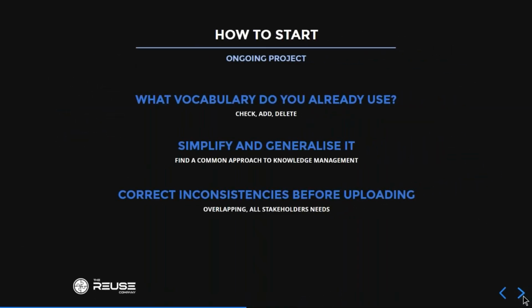Another thing you should consider when you're trying to migrate your ongoing project to knowledge management interfaces is to try to correct inconsistencies before uploading the knowledge, if you can do this. Of course, we help you out with inconsistencies, and that's partially what the tool is doing, to help you find some overlapping. But if you see that there are some elements missing, such as the consideration of all the stakeholders' needs.